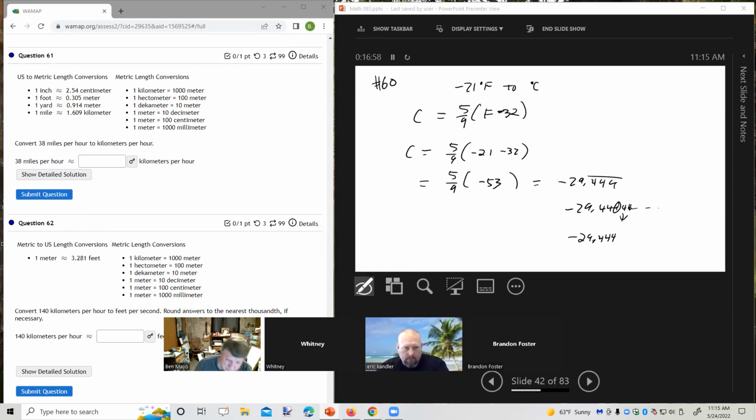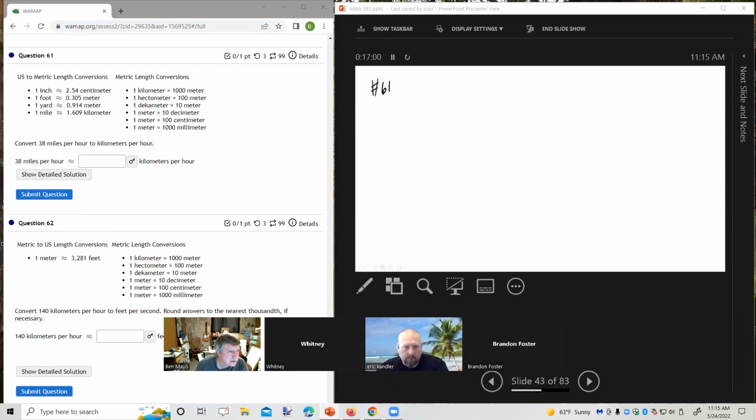This was number 60. Sorry. 61. Convert 38 miles per hour to kilometers per hour. So we don't have to convert hours to hours. We just have to convert miles to kilometers, and we can do that directly.